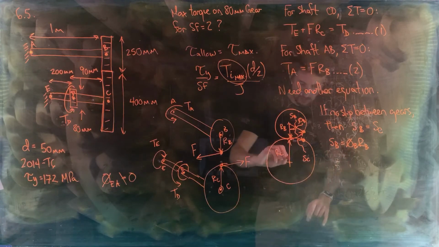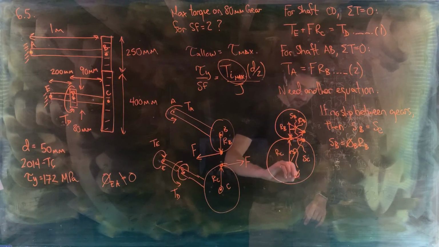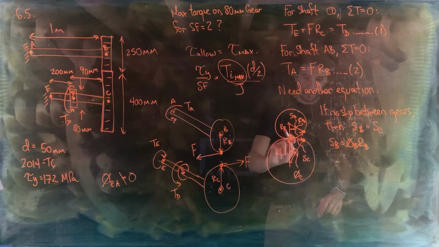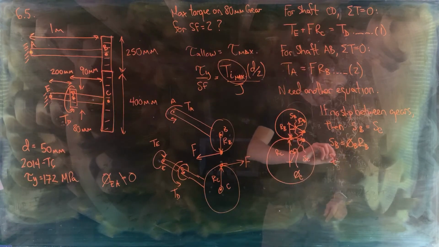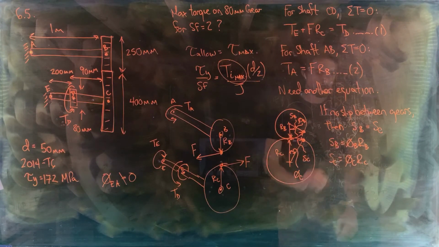And similarly, the angle here, we can call this angle phi C for the angle that gear C rotates through. The circumferential distance SC has to be equal to phi C multiplied by RC.